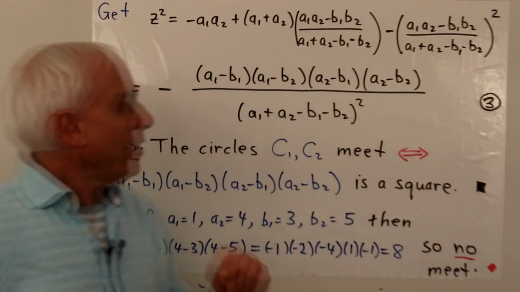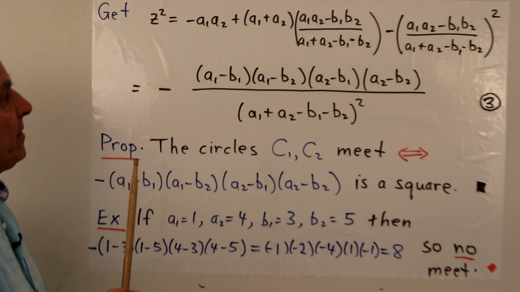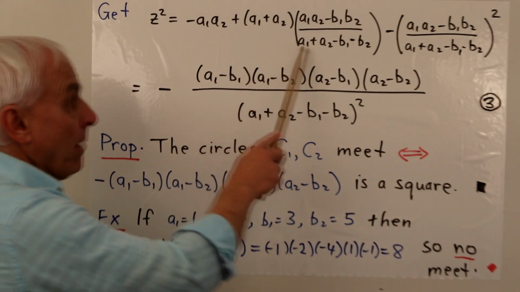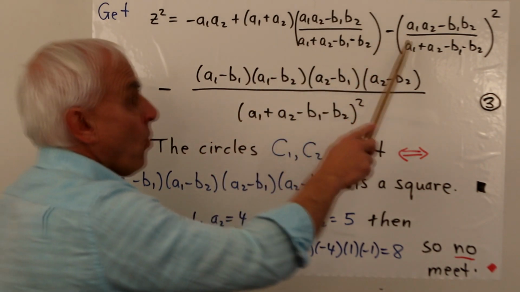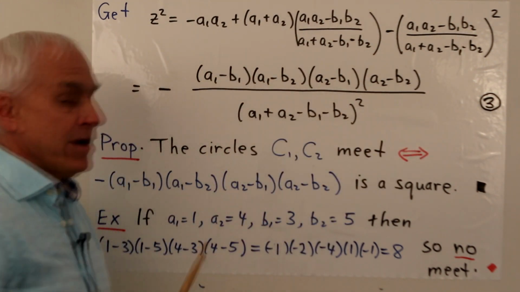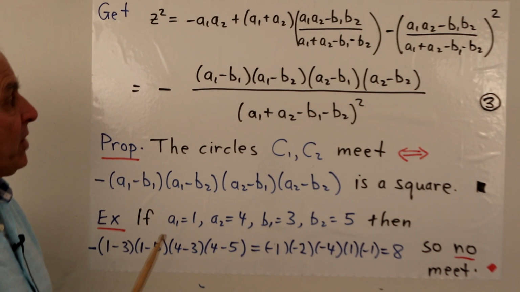So the equation that we get is z squared equals, if we bring the other stuff to the other side, minus a1 a2 plus (a1 plus a2) times y minus y squared. And this whole right-hand side is some big expression in the variables, and we can simplify it.